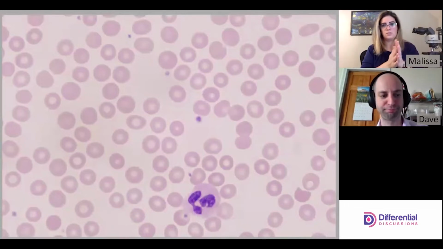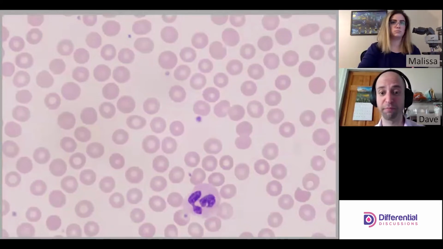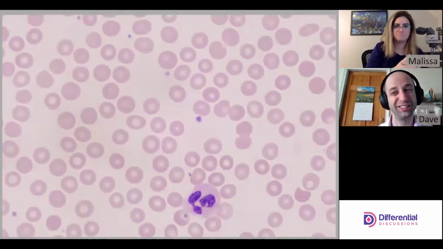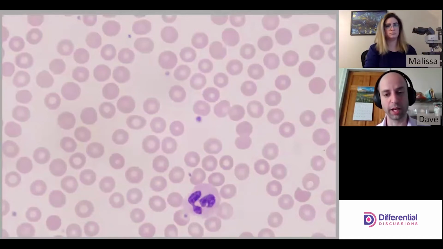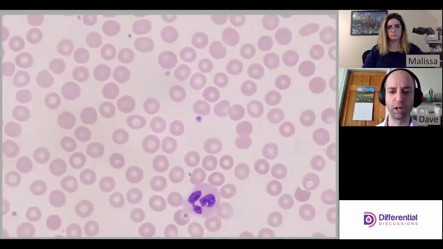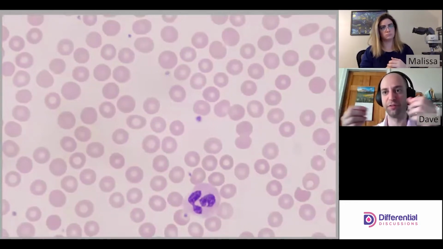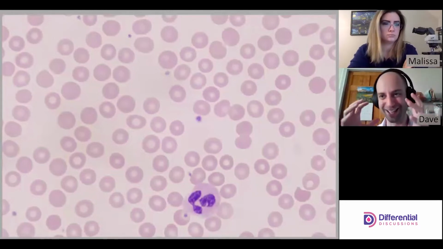And do you want to take a moment and just talk about the chromatin pattern? Absolutely. I think a lot of students can get by early on in heme when you're first learning, and chromatin pattern isn't as important, but it's a great thing to start out with. As a cell matures and makes all the enzymes and proteins it needs to do its job, whatever its role is, the chromatin pattern will go from a soft, loose pattern to condensed, right?